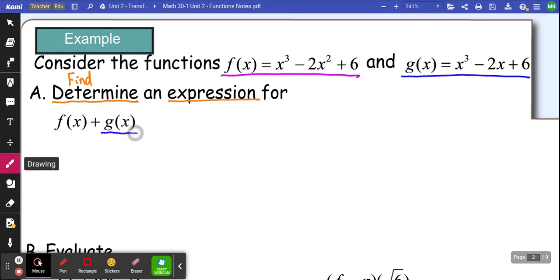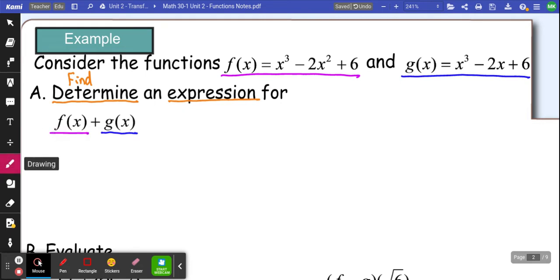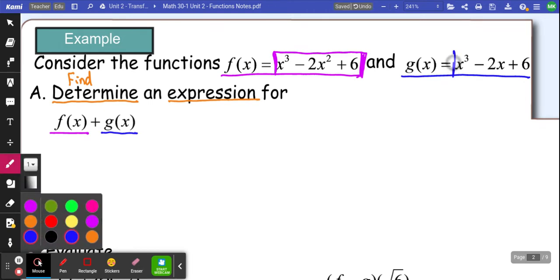F of x plus g of x. Hey, you just got to do what it says. So it's saying take f of x. F of x is all of this. And add g of x. G of x is all of this.